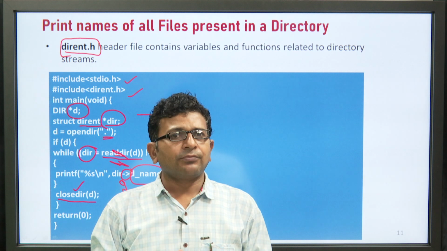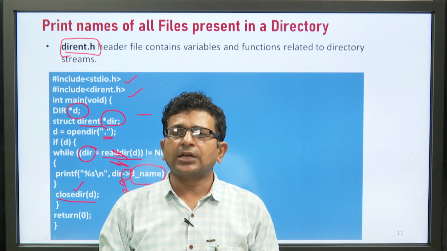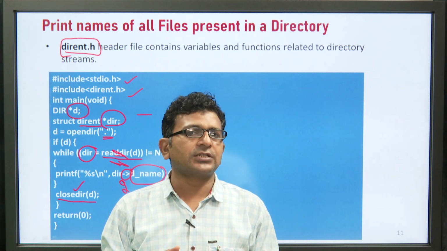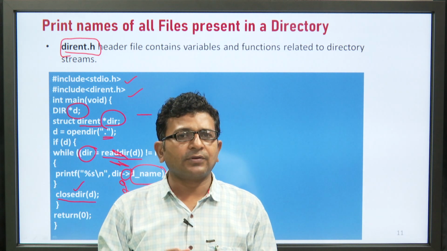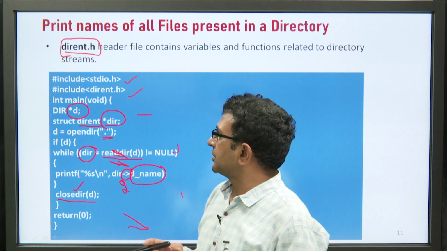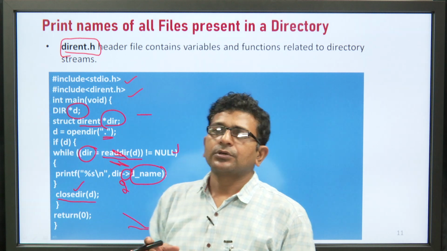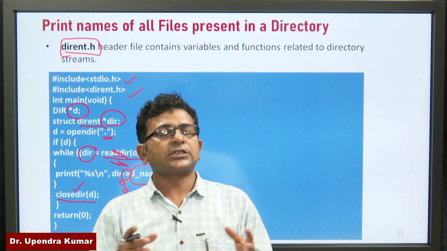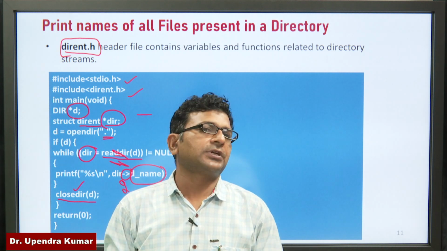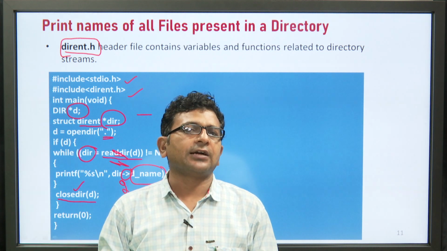Then we discussed the reading and writing operations on binary files also. And the third one we discussed is how we can print the names of all the folders, files, and directories present in the current directory using the file handling method.